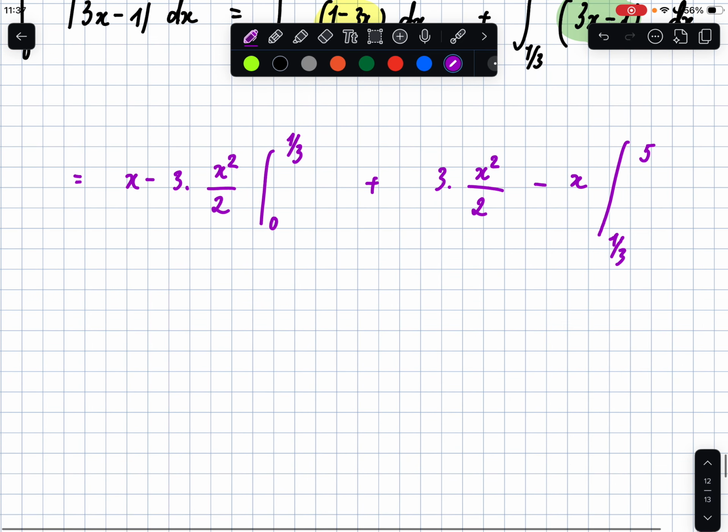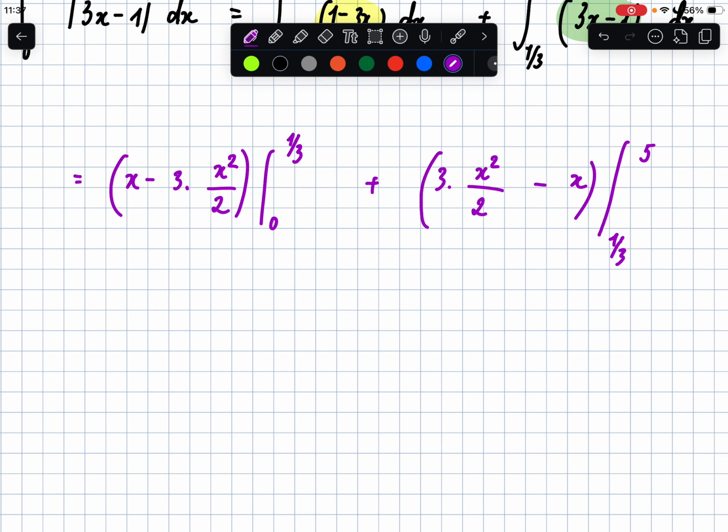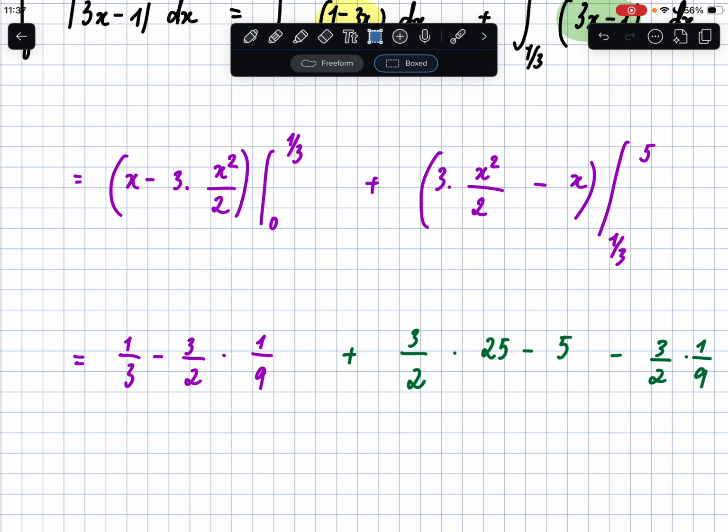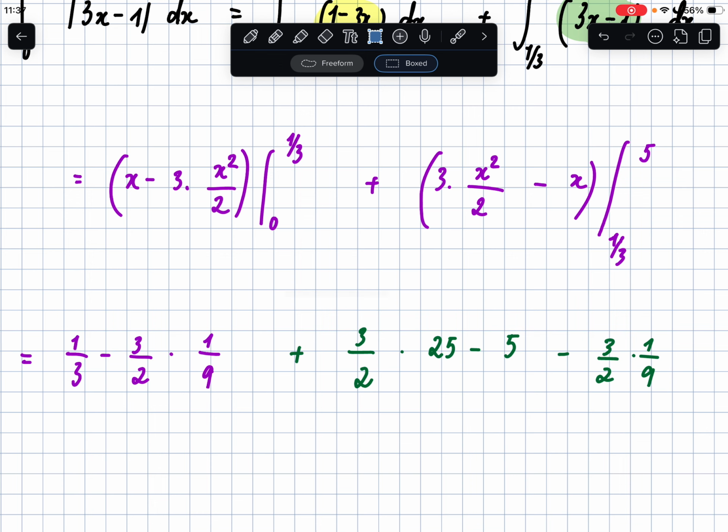Now we compute each one of these. For the first one, 1/3 minus 3/2 times 1/9, minus 0. For the second one, 3/2 times 25 minus 5, and then minus 3/2 times 1/9, minus minus, so plus 1/3. What I did was I just plug in x equal to 5 and 1/3 here.